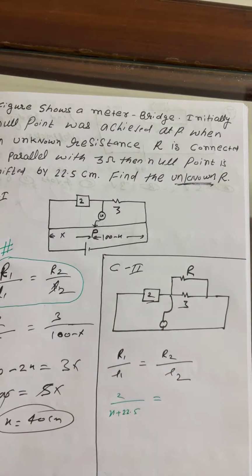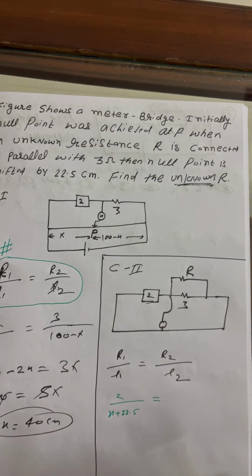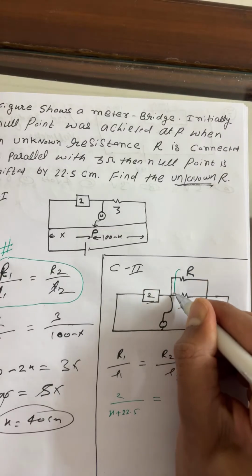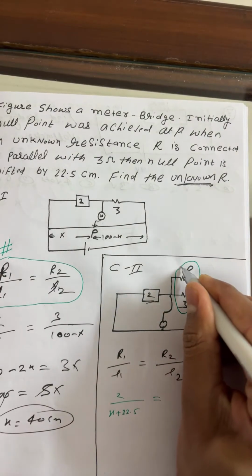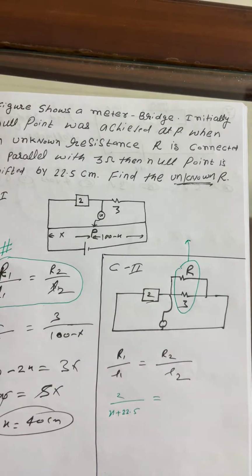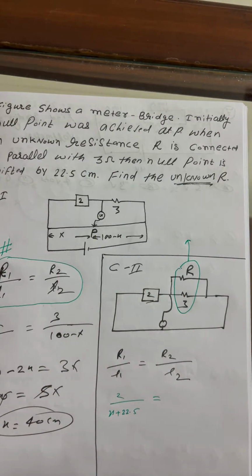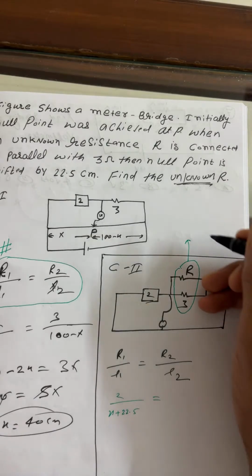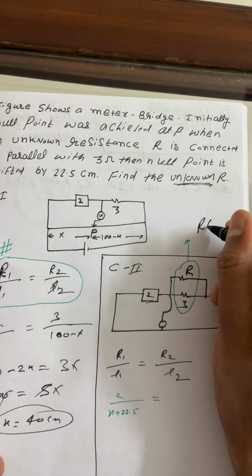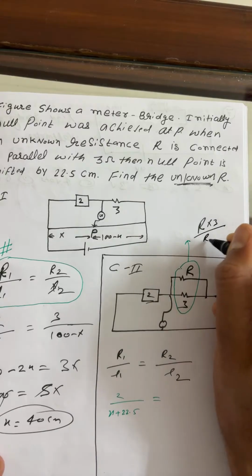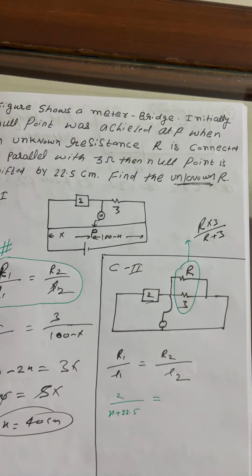Now, these are in parallel, so I hope all of you remember. I can replace these two resistors using the formula R1 into R2 upon R1 plus R2. So I'll use R into 3 upon R plus 3.